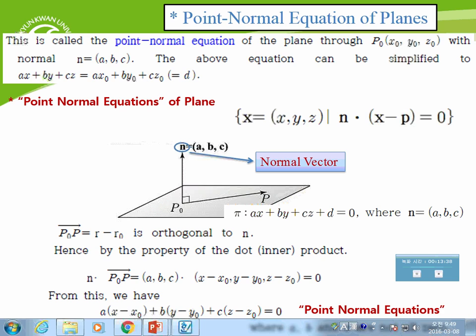That's it. If you find the vector x that satisfies this, it should satisfy this, and that comes from here and gives you this equation. So this is another way of writing the plane by using the vector and inner product.